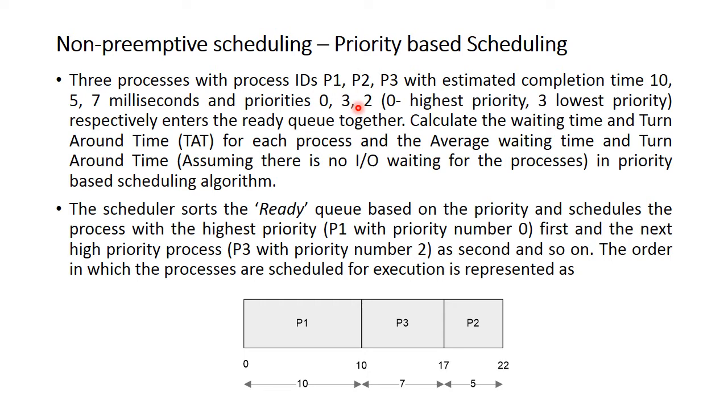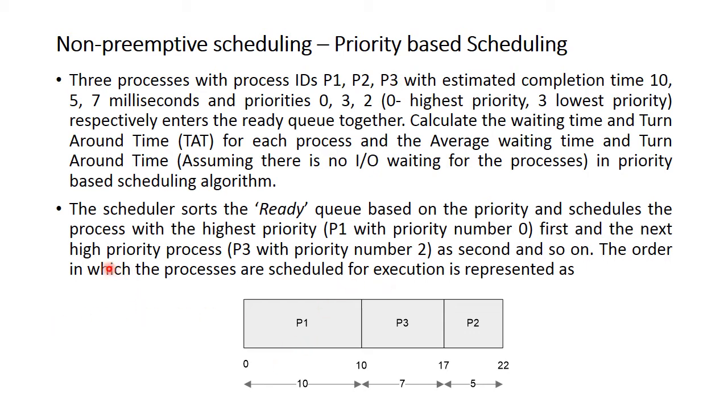So how will the non-preemptive scheduler schedule these processes? The process with the highest priority is P1. Next, the process with the next highest priority is P3, and the process with the least priority is P2. So for 0, 2, 3, the corresponding processes are P1, P3 and P2.